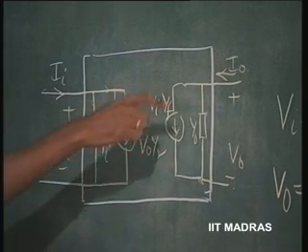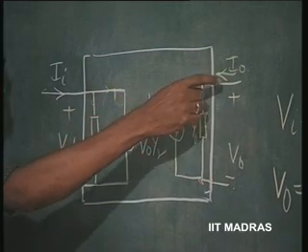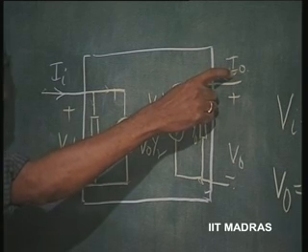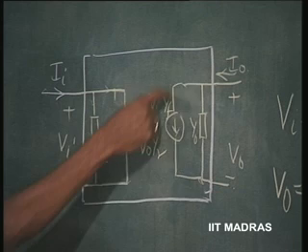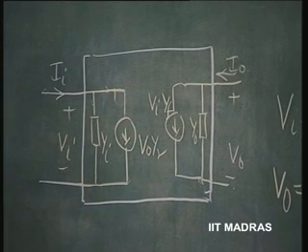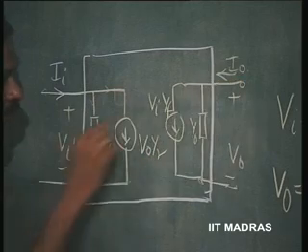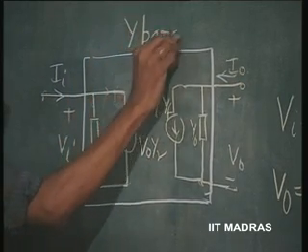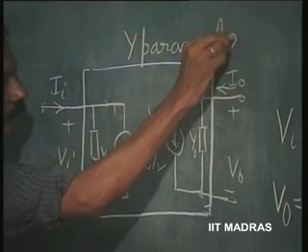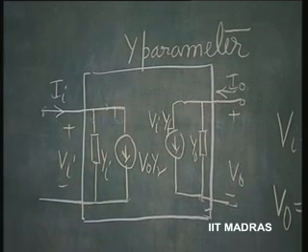So, this is the second equation wherein I0 is equal to V0 Y0 plus Vi YF. Y parameter equivalent.